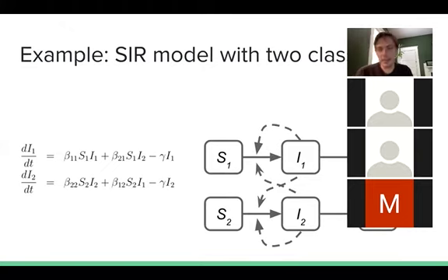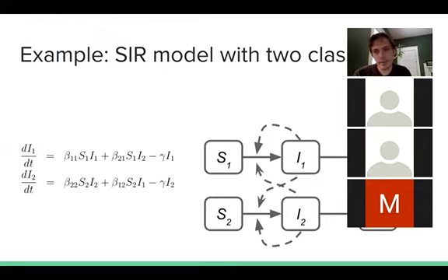So to make this a little bit more concrete, we can think about specific forms of our SIR type models and think about what would be the appropriate F and G matrix for these models. So let's first think about our two-class SIR model with two different infected compartments.